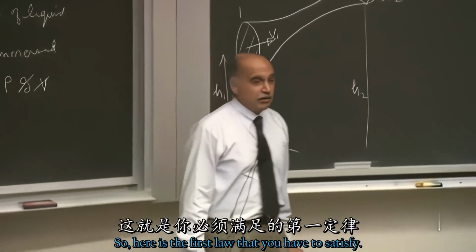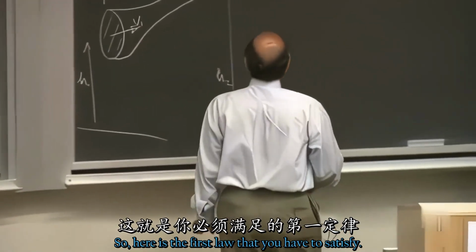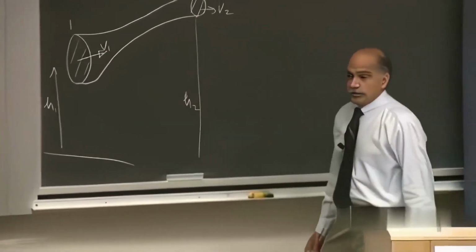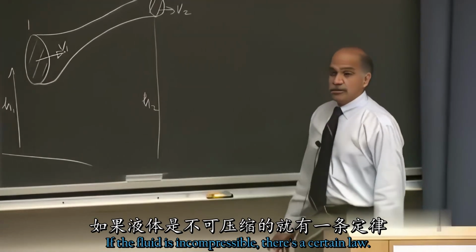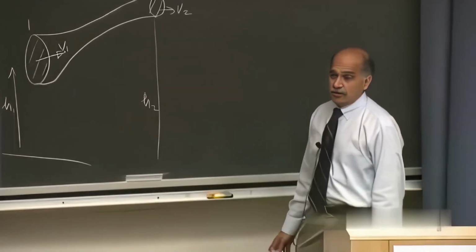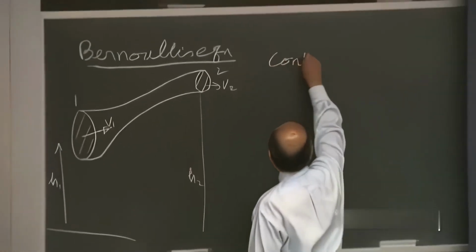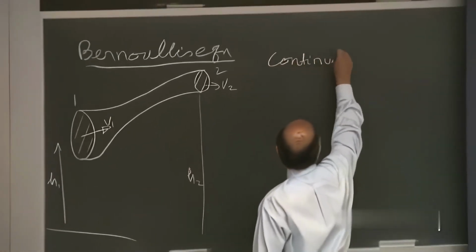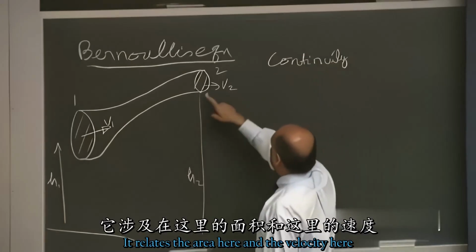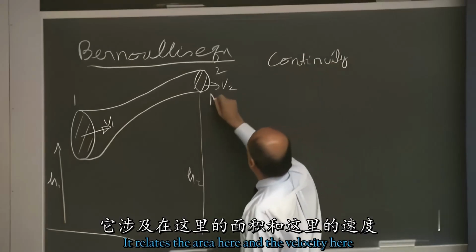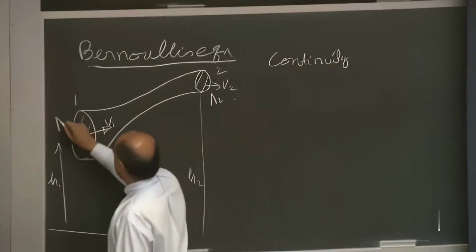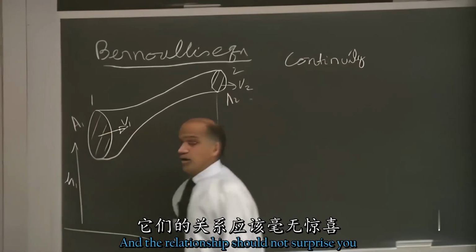So here is the first law that you have to satisfy. If the fluid is incompressible, that's a certain law. And we're going to talk about that law. That's called the equation of continuity. It relates the area here and the velocity here to the area here and the velocity here. And the relationship should not surprise you.